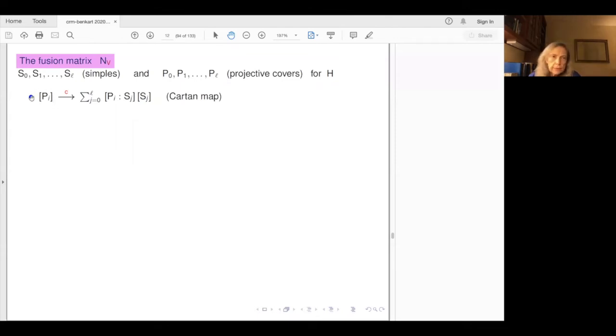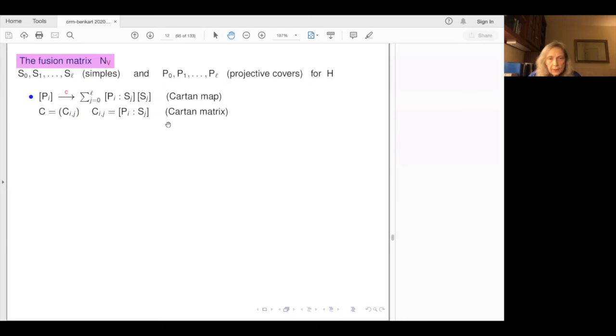On the left is the Grothendieck ring that has an integer basis of the isomorphism classes of these projectives. And on the right is the Grothendieck ring that has an integer basis of the isomorphism classes of simple modules. And this map is really taking this projective isomorphism class to itself, but then re-expressing it in terms of the basis of simples.